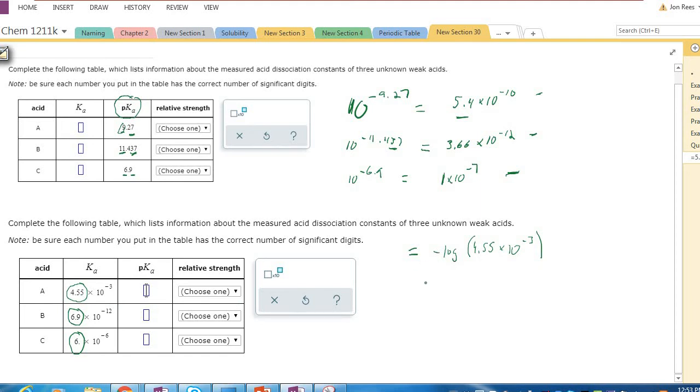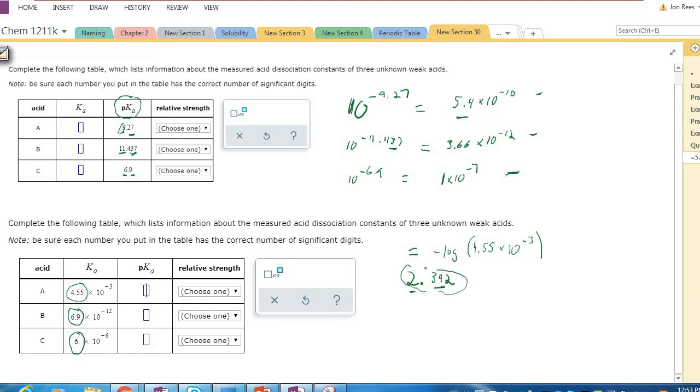So when I write that on a log scale, it's going to be 2, which doesn't count as a sig fig because it's on that log scale. It's a pKa. So that's going to be 2.342.